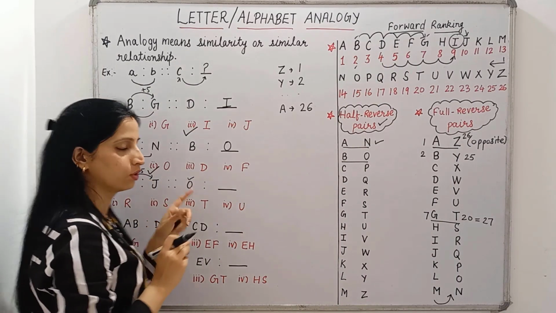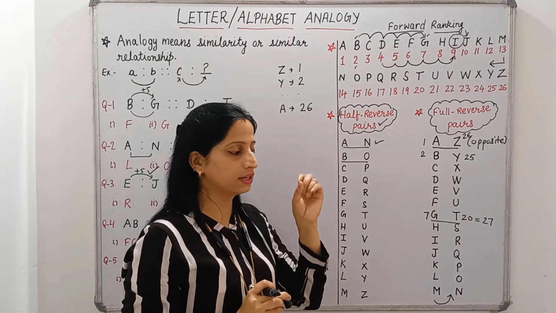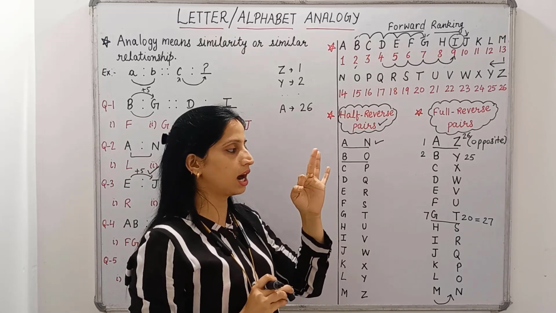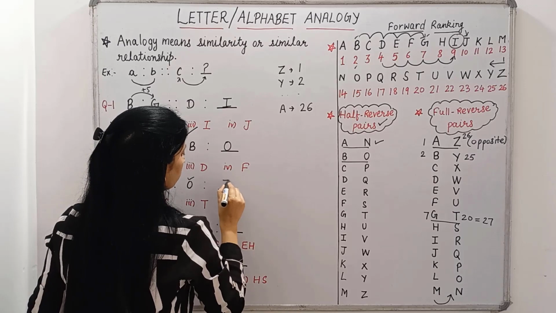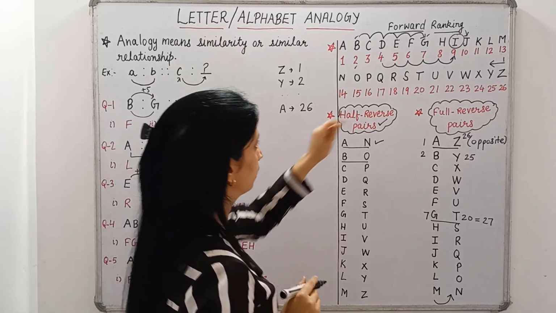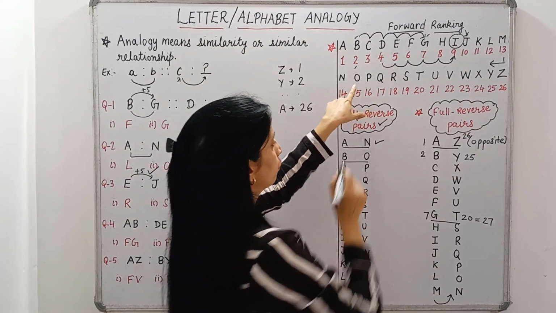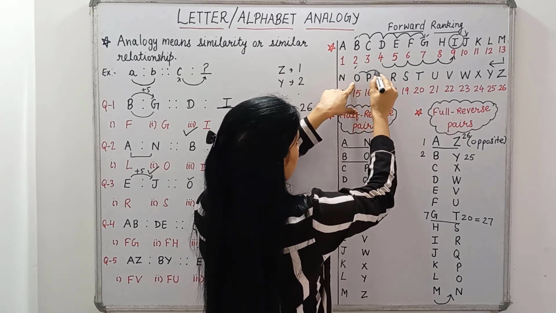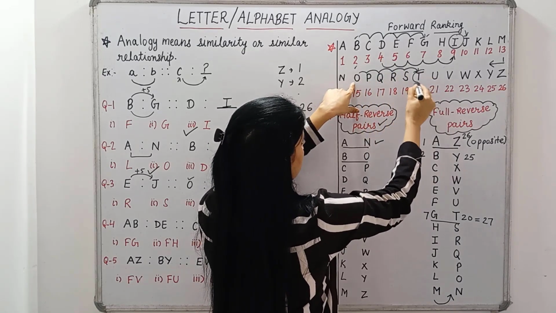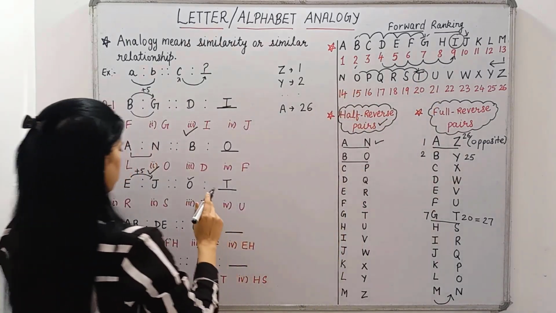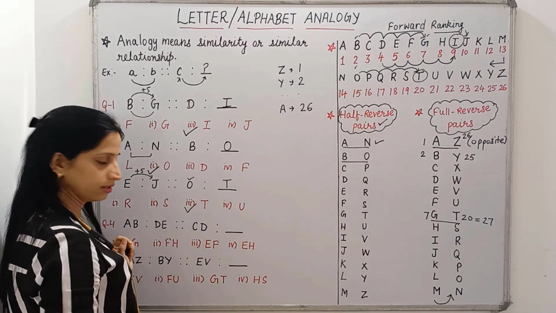So after O, P, Q, R, S and T. So this means what will come? T. But you can check here also. After O, 5 jumps. 1, 2, 3, 4 and 5. This means T will be our answer. So just tick on the correct answer.